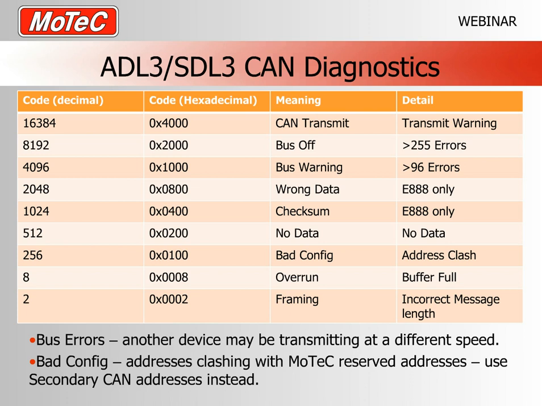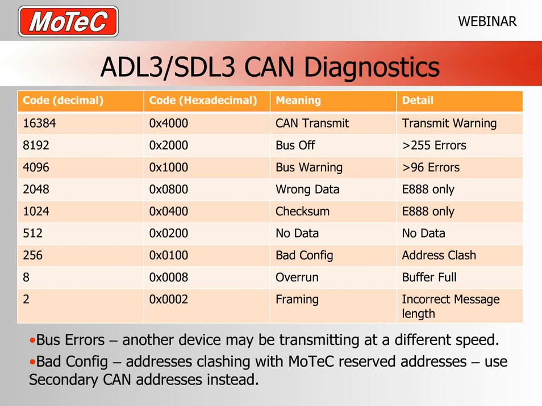If this is the case, what you need to do in your dash logger is go into the options menu and change the CAN communications settings so that it uses secondary CAN address instead of the primary CAN address. What this does is it clears that reserved space around that 200 hexadecimal area, and it allows other devices to use that space. So that's the principal reason you'll see this error number 256.